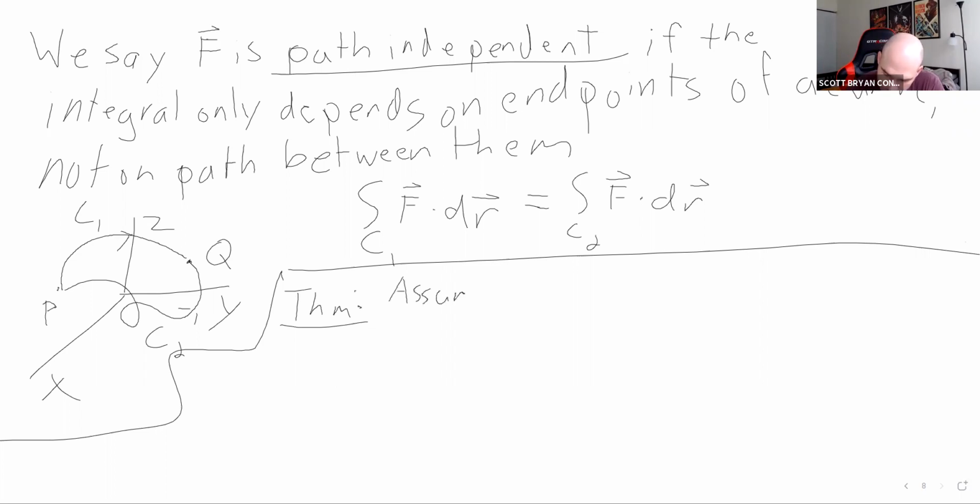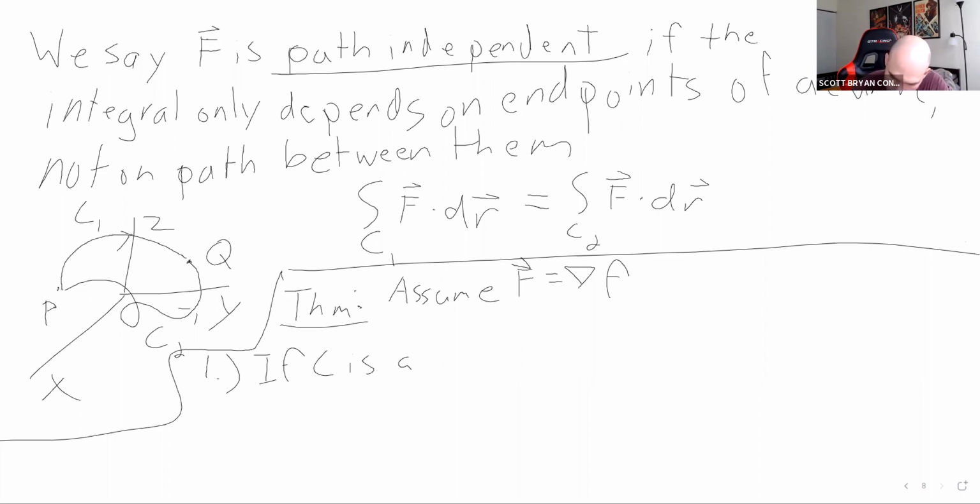So suppose our vector field F is conservative. In particular, it's the gradient of little f. So F is conservative, and the potential function is little f.